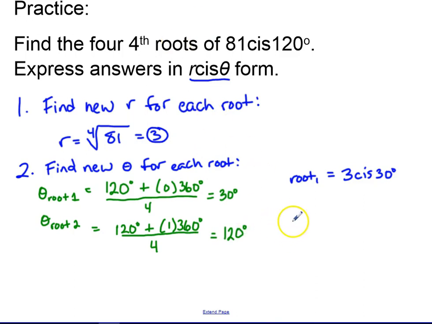So now I have a new root, root 2, which is 3 cis 120 degrees. See if you can now figure out roots 3 and 4. Pause and play the recording when you're ready.